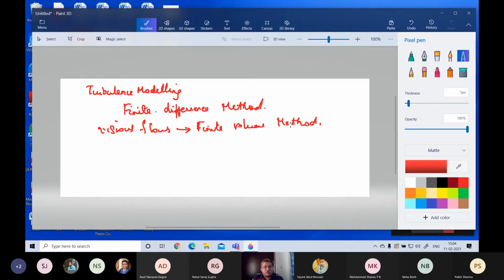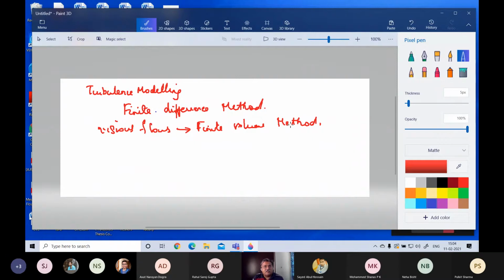What you should definitely have as an MTech or BTech student is some idea about what the finite volume method is, as well as what turbulence models are, which different models are available, and what the terms in these models stand for. For example, many of you will be going for a job in a CFD company probably.